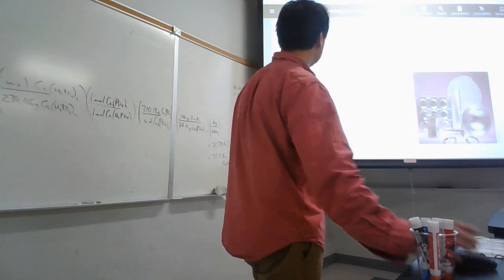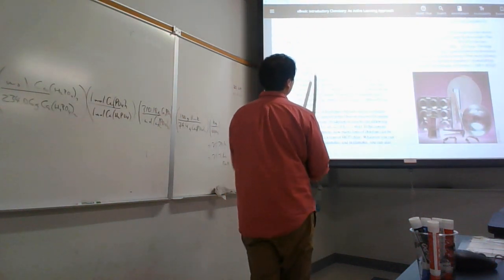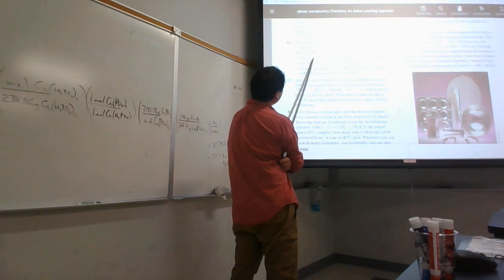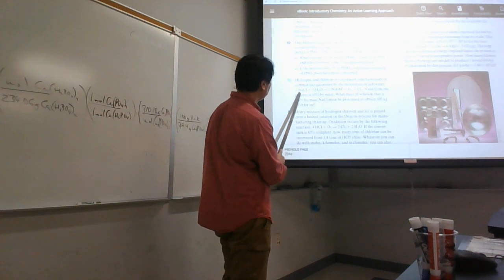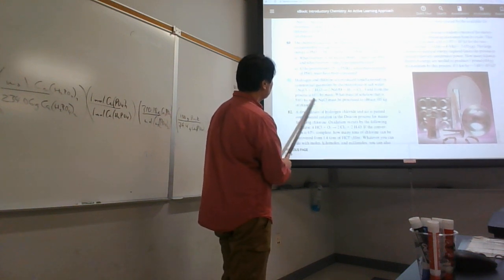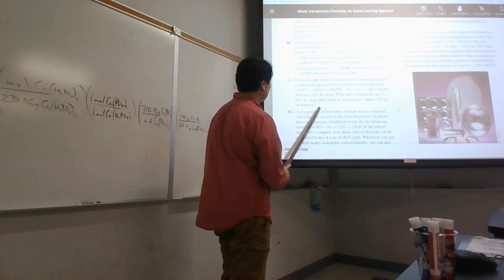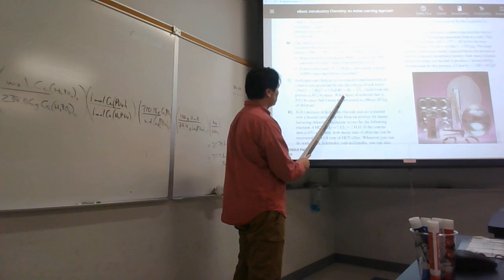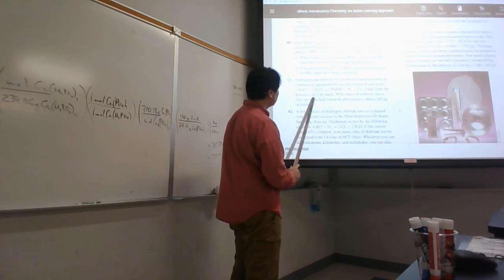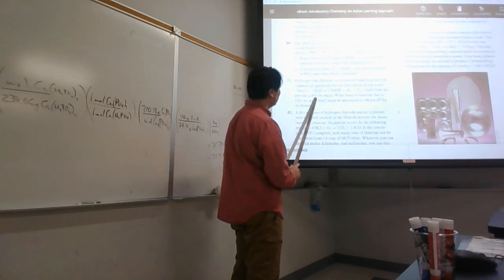Okay, this is a mixture problem here. This one, okay, skip that one. This is another one. This one's tricky because they give you 2 percentages. One percentage is the 61% yield.